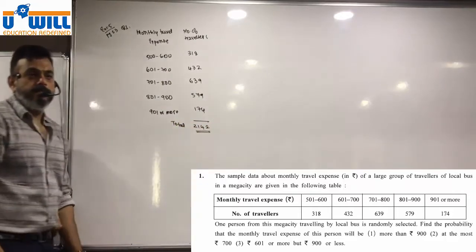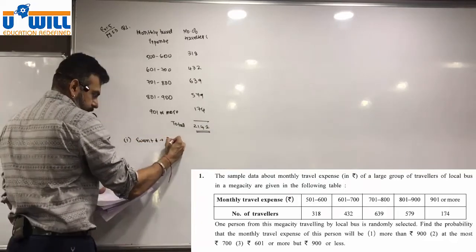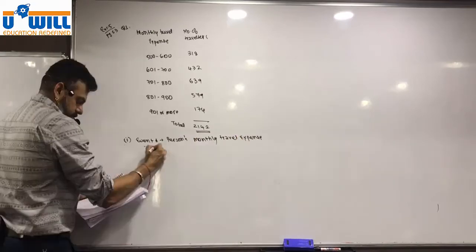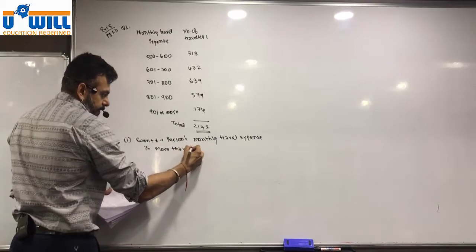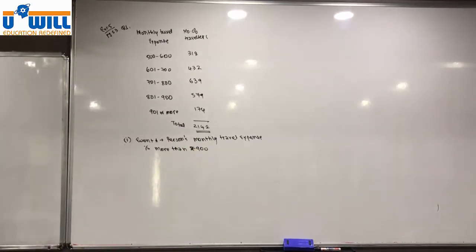2142. Okay. First, event A, person's monthly travel expense is more than rupees 900.